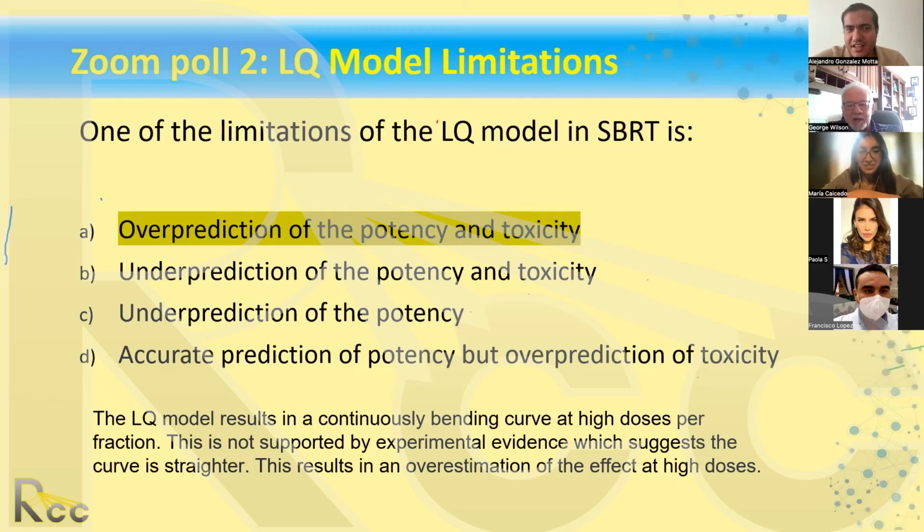We didn't talk about what the effect would be on normal tissues. But again, I guess that if it's going to over affect, it's going to depend on the normal tissue, whether it's a late or an early responding normal tissue as well, as to how much it will overestimate toxicity. But it's probably right, but I think a little bit confusing.